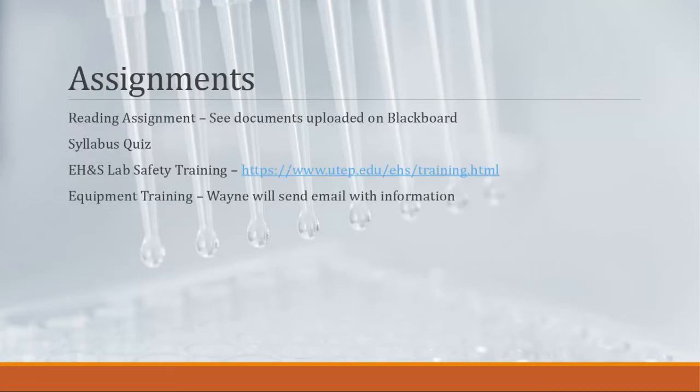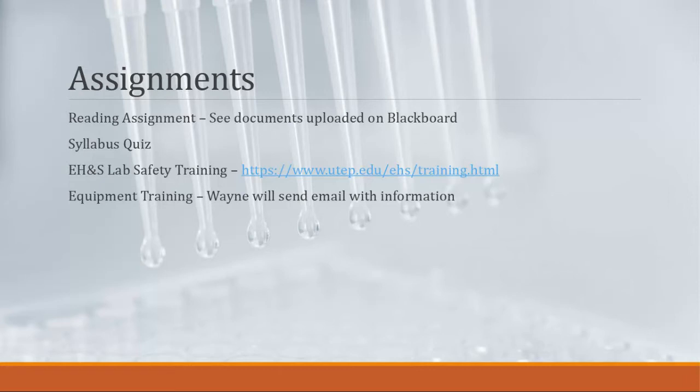The assignments have already been posted on Blackboard. The reading assignments are just the documents uploaded pertaining to the OSHA standards and the ASTM standard. There is a syllabus quiz, and of course the website is there to look at the EH&S lab safety training.